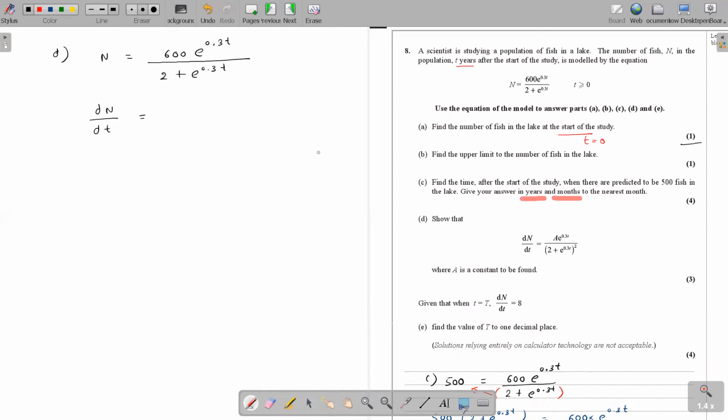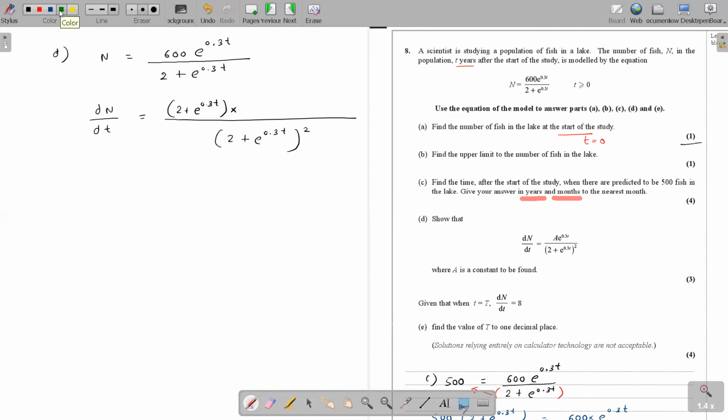In the quotient rule, the denominator is squared, so the denominator 2 plus e to the power 0.3t is squared, and in the numerator: denominator times the differentiation of the numerator.